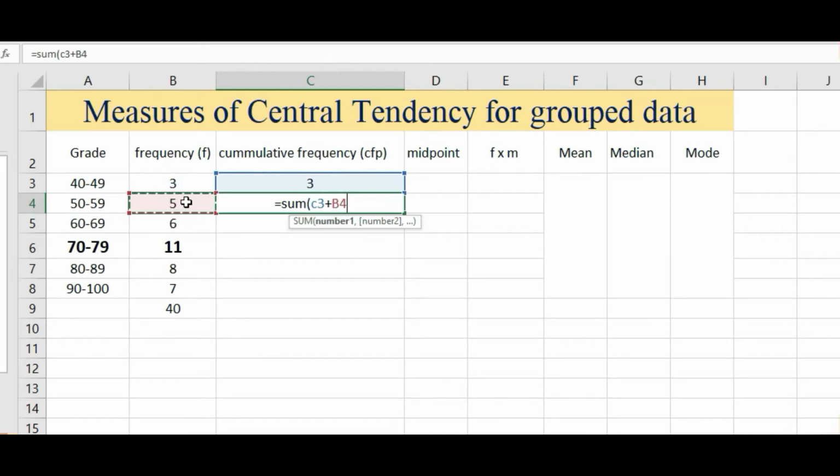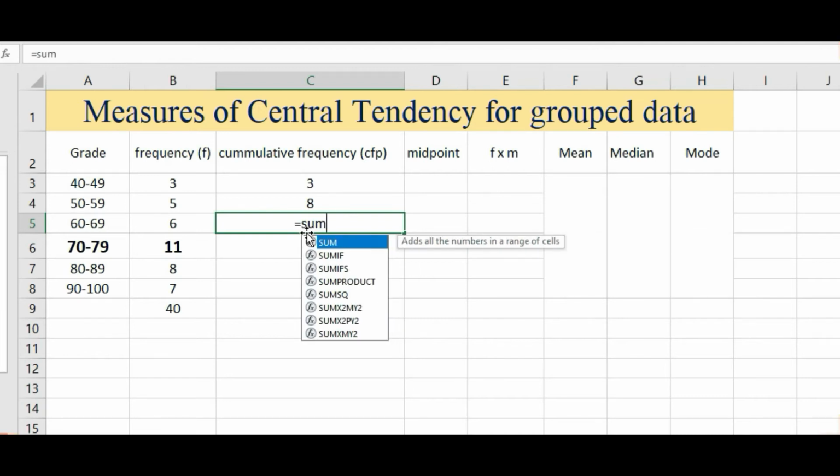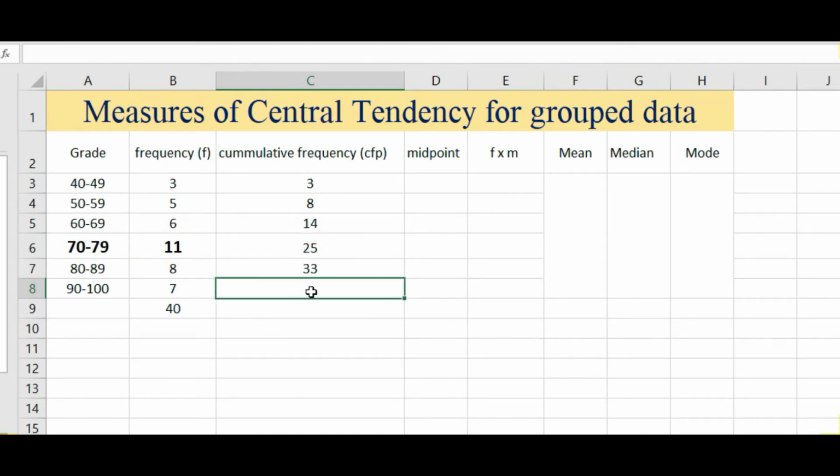You will add that. So total of 8. Next you will add 8 and 6, that's 14, and everything follows.